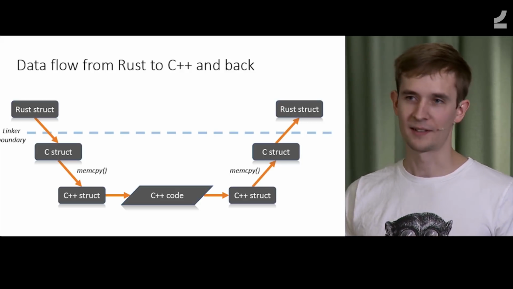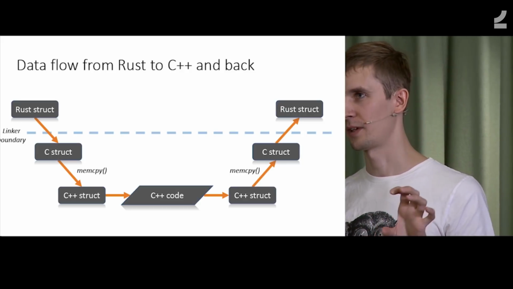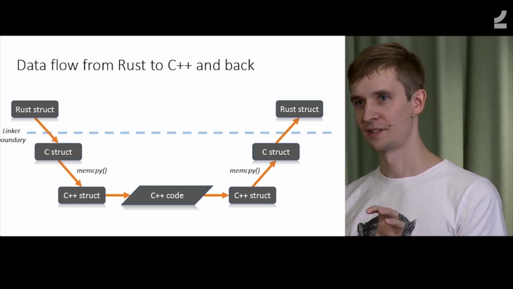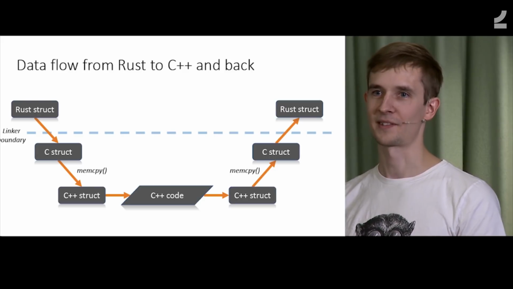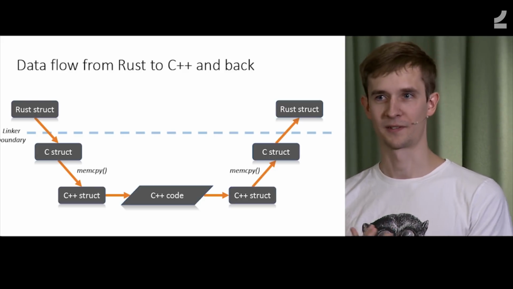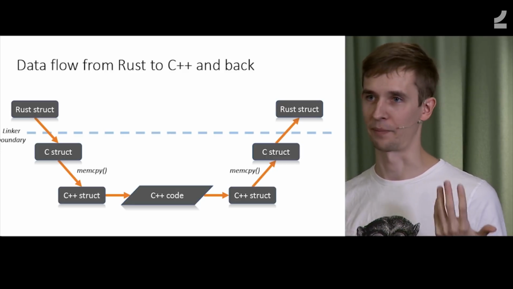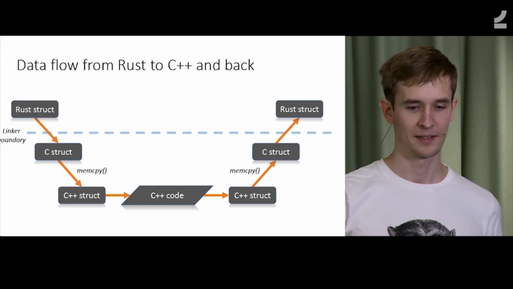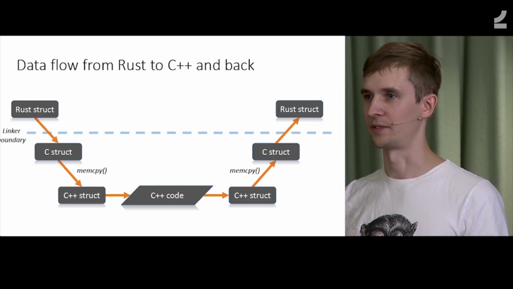Then between C and C++, it's a bit more complicated because we have generated C structs which are bit identical with the C++, but the type system does not understand it. So everything aligns, but those are just foo and bar, different structs to the type system. So what we do is just memcpy all the fields between each other, and then we call the C++ code. We get the result types and do the thing in reverse.